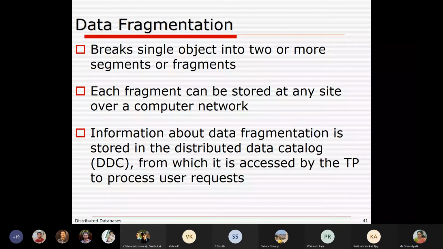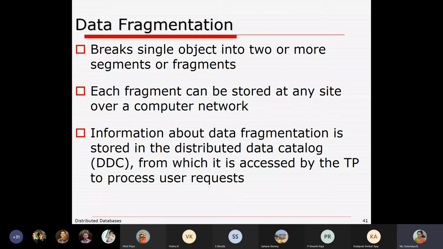Yes, someone asked me. Sir, your voice is breaking. Sir, tell me. Data segmentation, you mentioned about vertical... Your voice is still breaking.